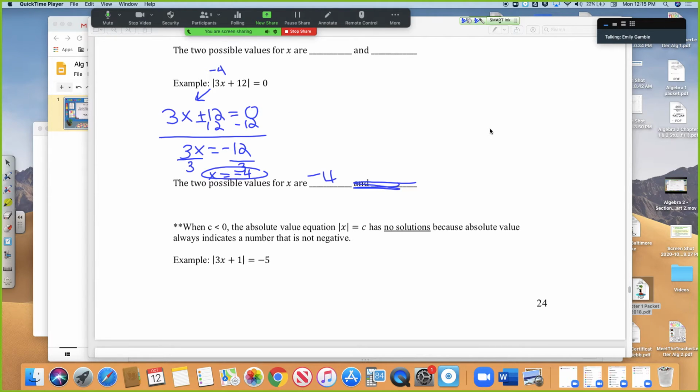All right, the last thing we need to learn before we can start trying some practice problems is when c is less than 0, the absolute value equation has no solutions because an absolute value can never equal a negative. For example, the absolute value of 3x plus 1 equals negative 5 is impossible.